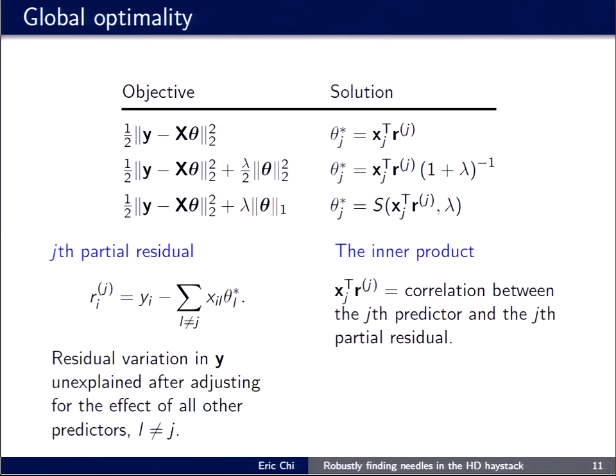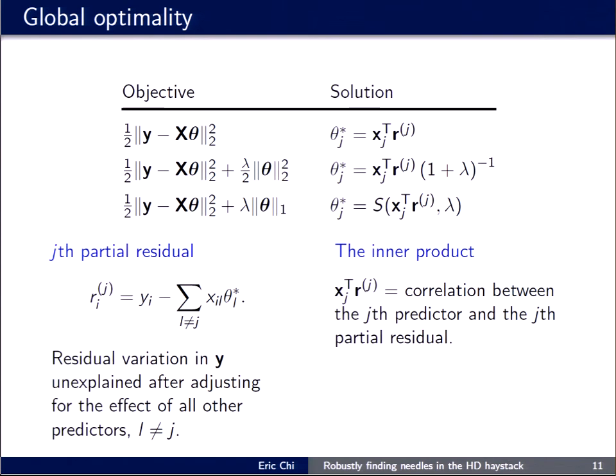So what's this R_j? R_j is the jth partial residual, and essentially it's just capturing how much variation is left over, that's unexplained, if you use all your variables in your model except for a particular one, the jth one. And then, I'm taking this inner product between the jth partial residual and the jth predictor, and that's essentially correlation.